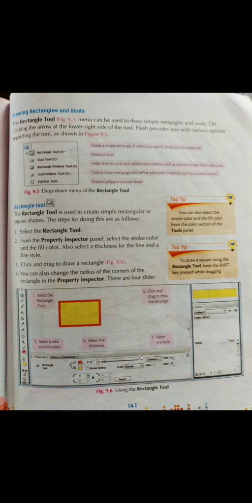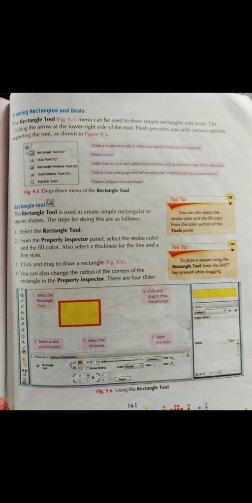The rectangle primitive tool is denoted as R. It helps draw an oval with additional properties such as start and end angle, inner radius, etc. The main function of the rectangle primitive tool is to draw an oval with additional properties.